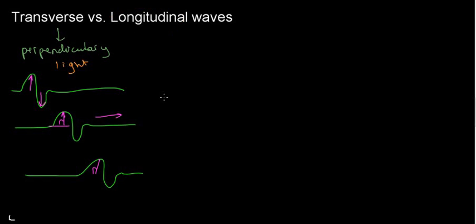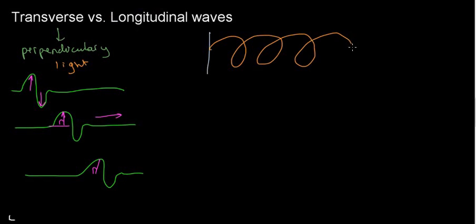This is the only wave that I intuitively know. So I'm going to try and give you some other intuition. If I have a spring, and this is my spring, and I compress one side of the spring, how is it going to look?